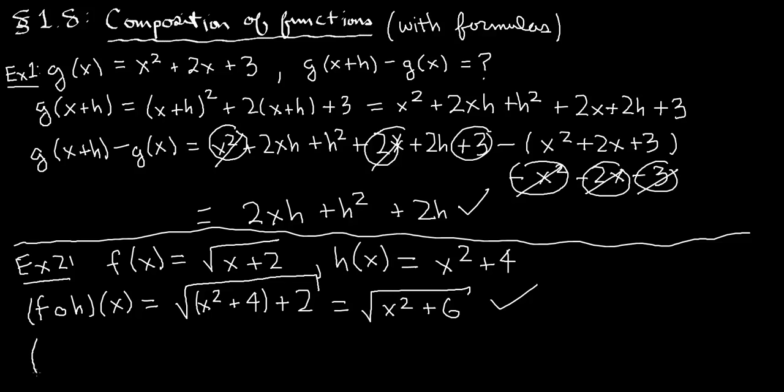Now let's instead do h of f and reverse the order in which we compose them. Let's see what we get. Remember, this notation, h circle f, means take x, put it into f first, take the result of what you get from that, and then plug that into h. And so we're going to take x, plug it into f of x, that's just square root of x plus 2.